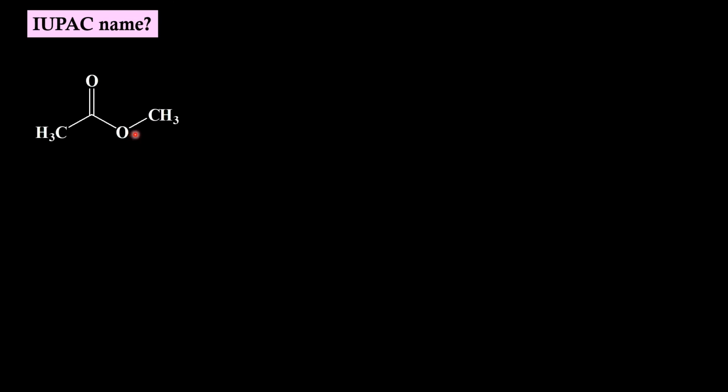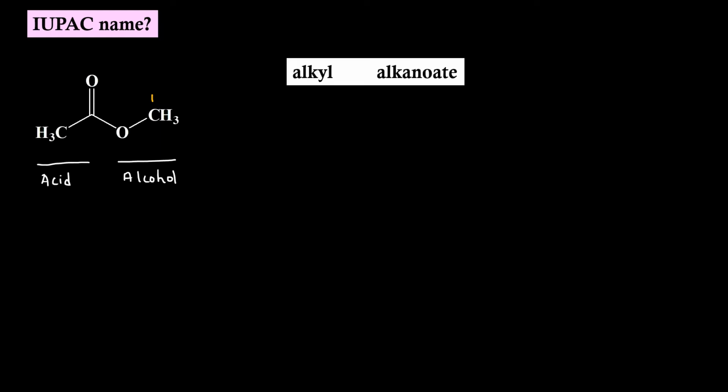In this molecule, this is the alcohol part, this is the acid part. Let us first mark that. Acid part of the molecule, alcohol part of the molecule. Now if we number the alcohol part, we have only 1 carbon. We know that the IUPAC name of an ester is alkyl alkanoate. Alkyl is the alcohol part, alkanoate is the acid part.